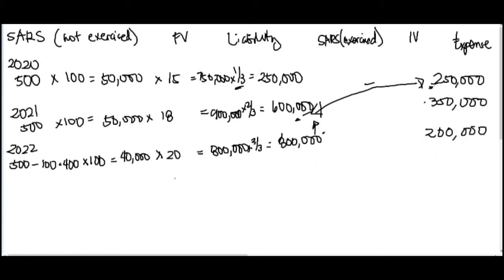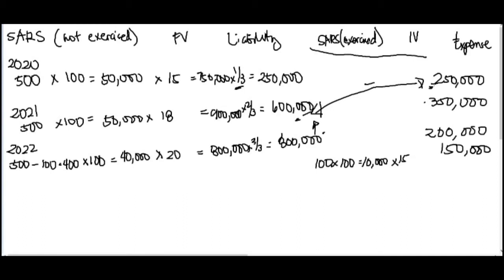Okay, yun yung unang part. Meron tayo nito, for 2022, SARs exercised. 100 empleyado nag-exercise ng SARs. Remember, 100 employees times 100 shares is equal to 10,000 times intrinsic value na 15. Your total payment for that times 15 intrinsic value, nasa table din siya, 150,000.